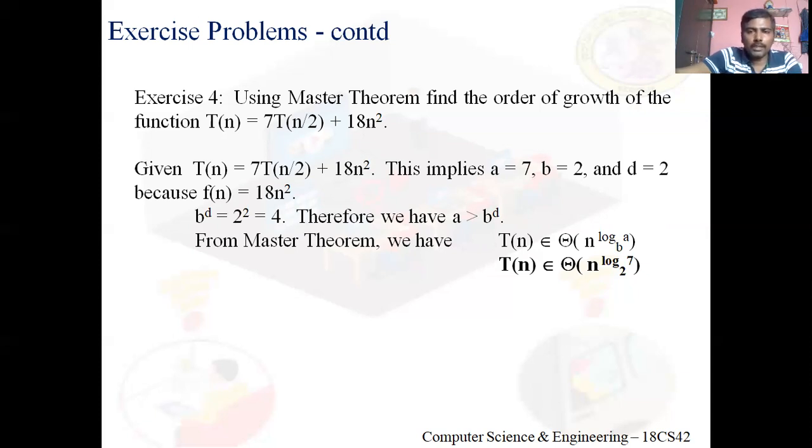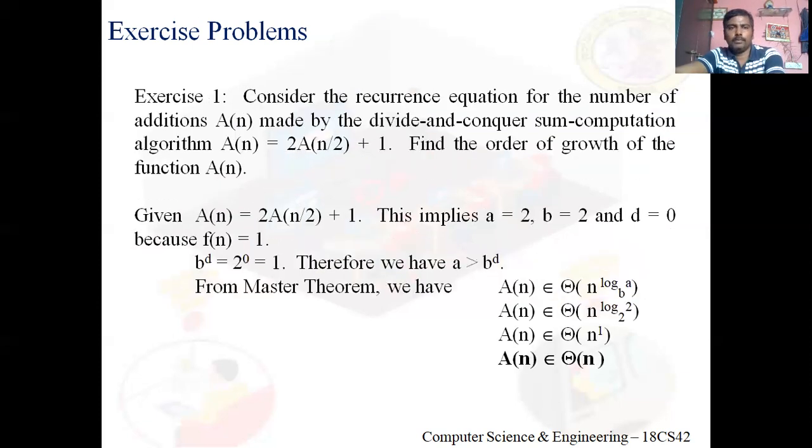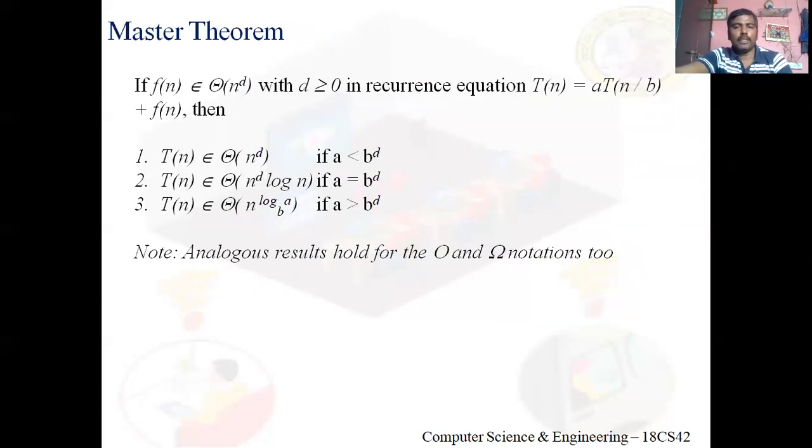What is the relation between a and b power d? A is greater than b power d. If a is greater than b power d, I think it is the first case. Sorry, third case. T of n belongs to big theta of n to the power log a base b.